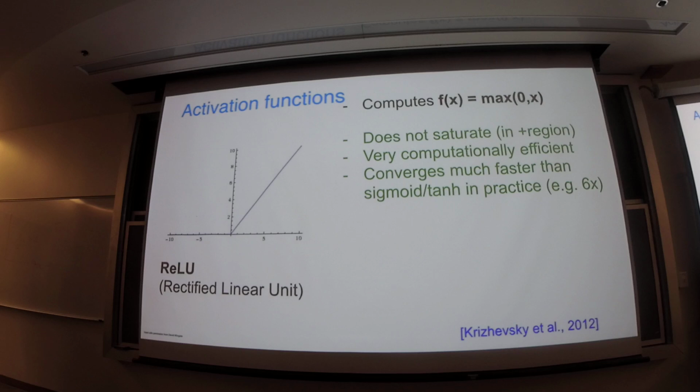I was going to ask, wouldn't this have the same issue of stepping in the same direction as the Sigmoid, because it would just be positive output? It does have that issue.